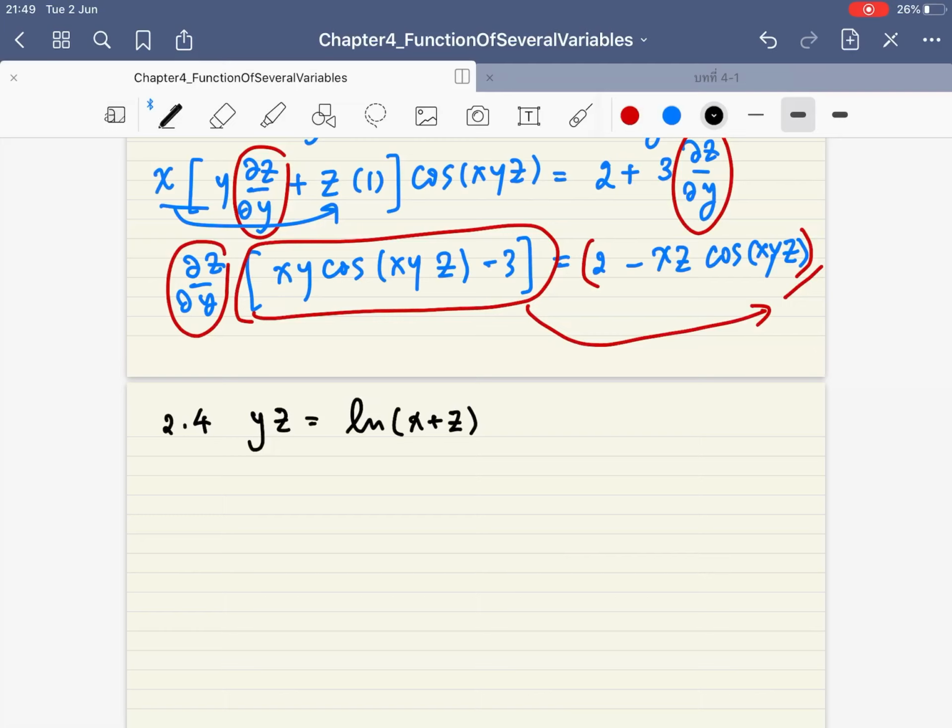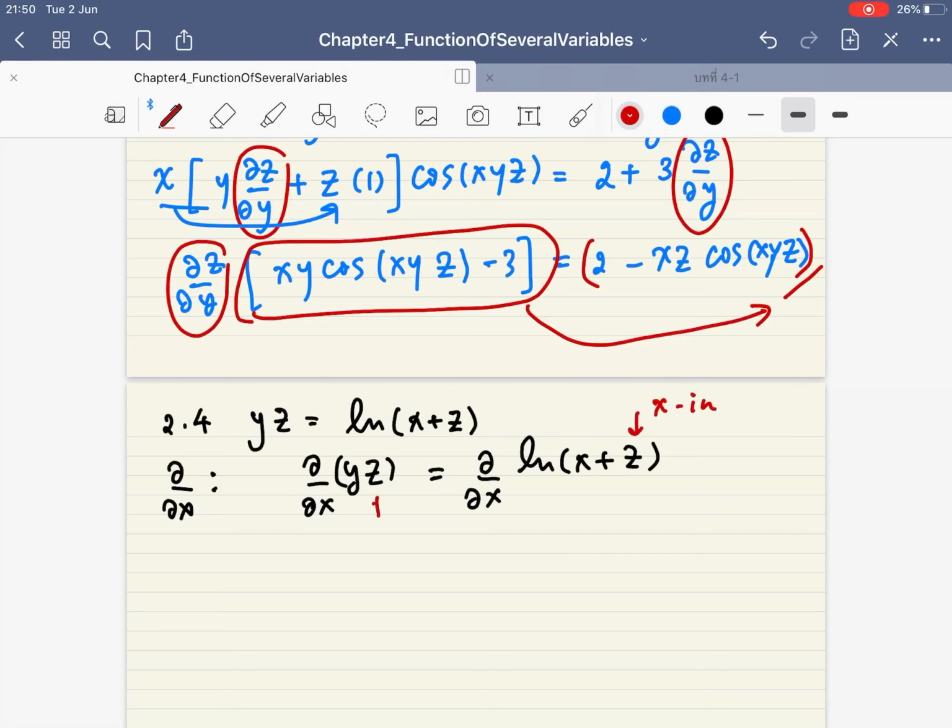Okay, so to find a derivative with respect to x, so you take it both sides, just like that. Here you got x hidden, there you got x hidden.